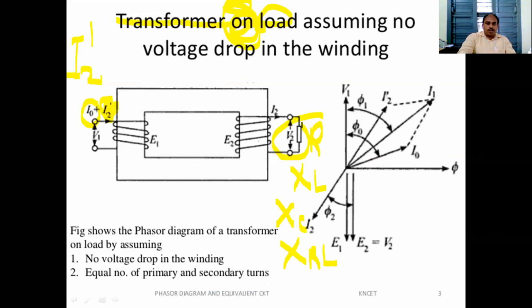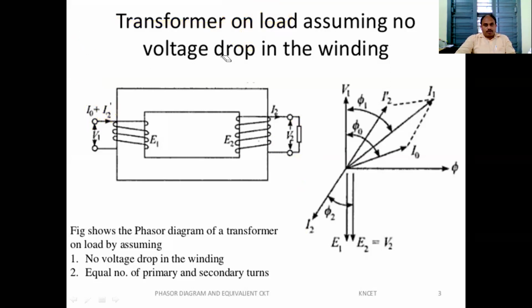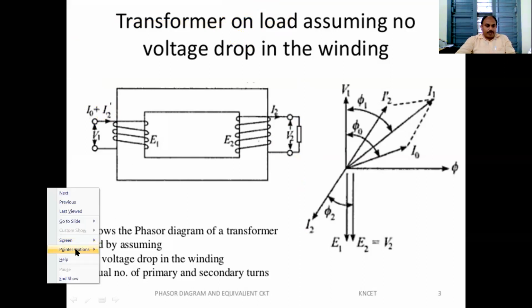See, so this is the phasor diagram. Voltage drop is neglected. What does no voltage drop mean? Transformer coils have primary resistance and reactance.